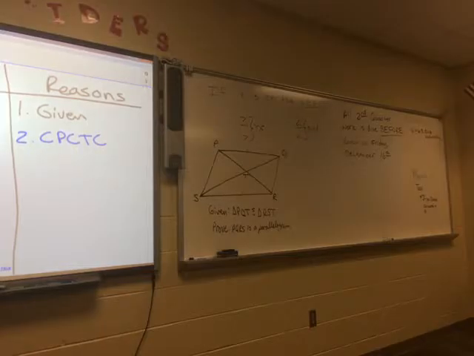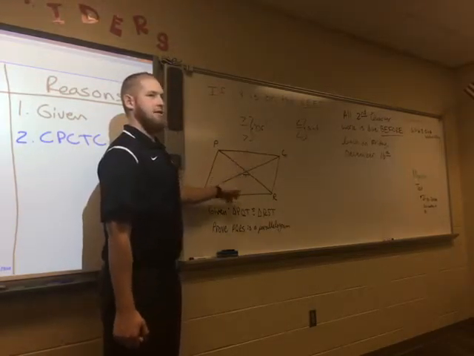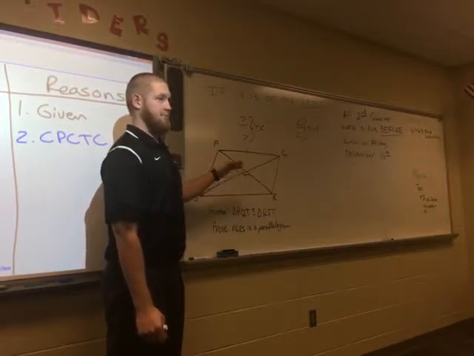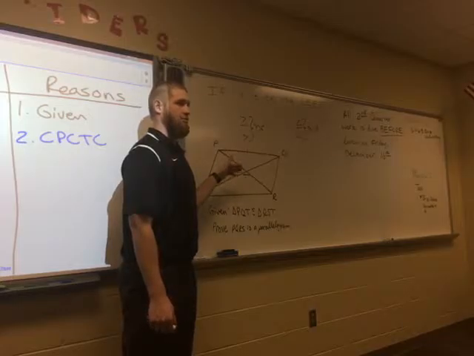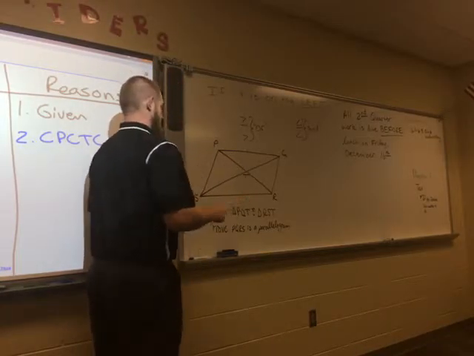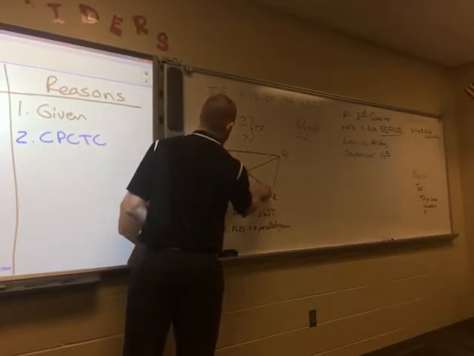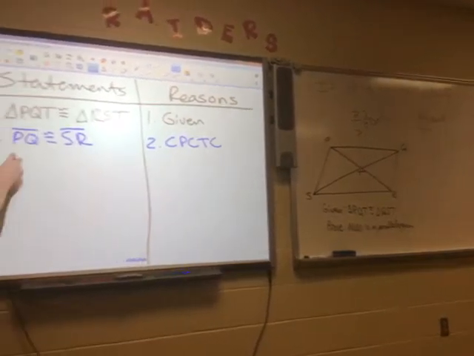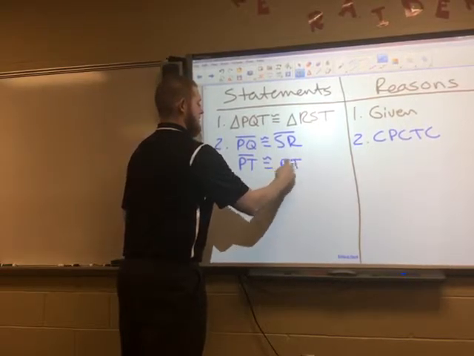But after you write that, I want you guys to be able to notice, hey, that's not really going to get me anywhere right away. Now sometimes might you have to take that many steps to get to the end of a proof? Yes, you might have to. But as you're thinking through that, Royal noticed, well, hey, I said that PT was congruent to RT, didn't I? Well, why is PT congruent to RT?